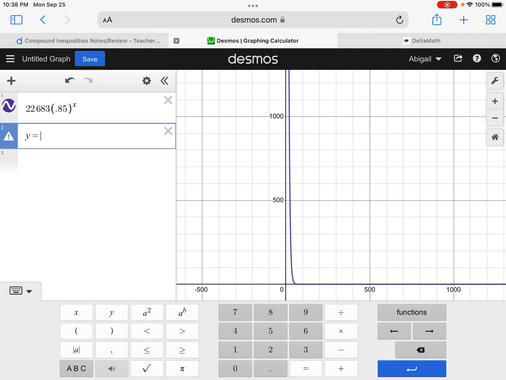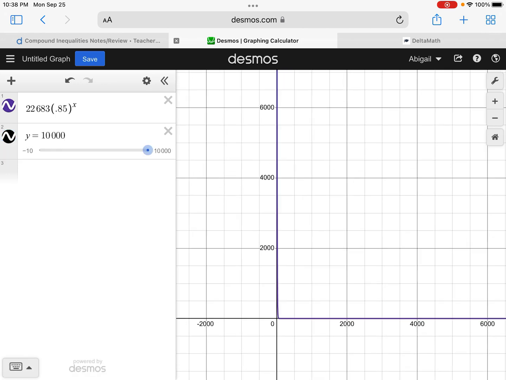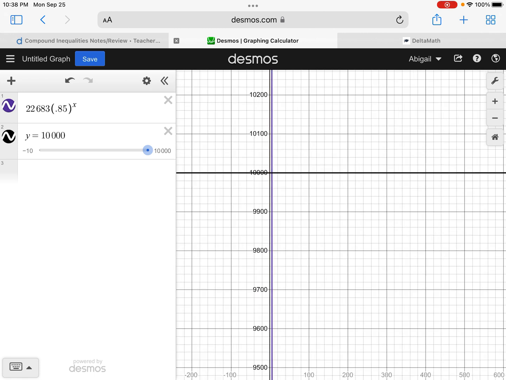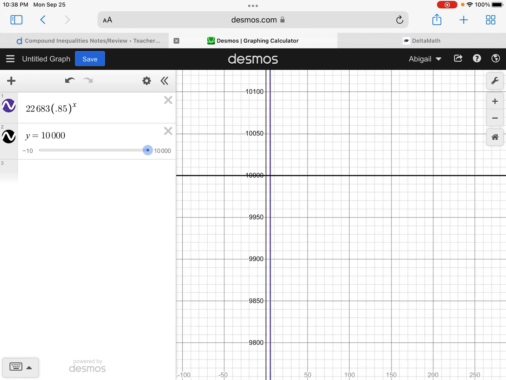So we're going to do y equals 10,000. Zoom out really far here and zoom back in. You're just trying to find that intersection point. Where does y equal 10,000? And you already have the graph. So looking at this graphically, find the intersection point, and it's going to be 5.04 years.